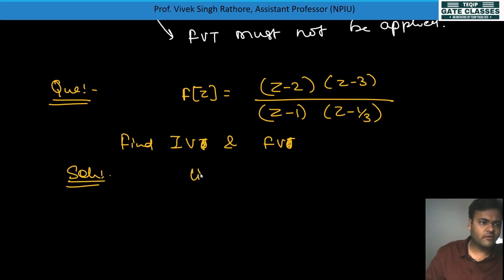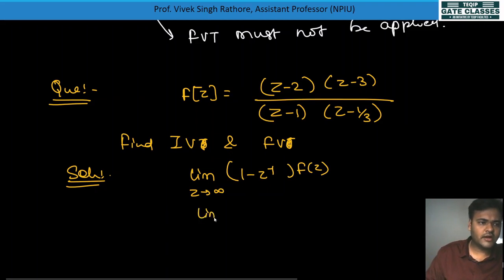So for the initial value, limit z tending to infinity, 1 minus z inverse into F of z, or you can also write it as limit z tending to infinity F of z.